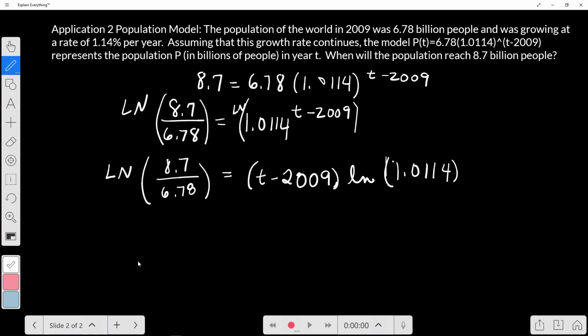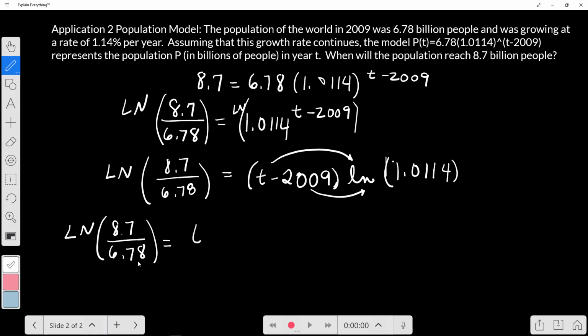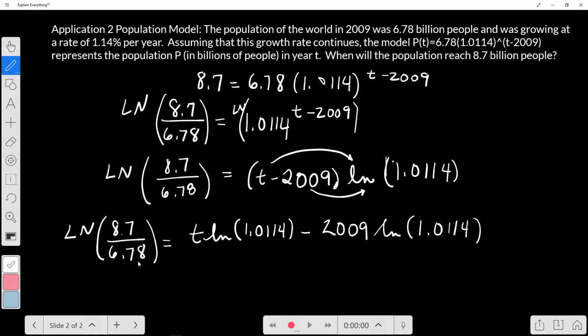Well, if I distribute this out, I still have ln of 8.7 over 6.78 equals t ln of 1.0114, distributing, minus 2009 ln of 1.0114, because I'm trying to get the t away from everybody. So of course, as you can see, I'm going to add.